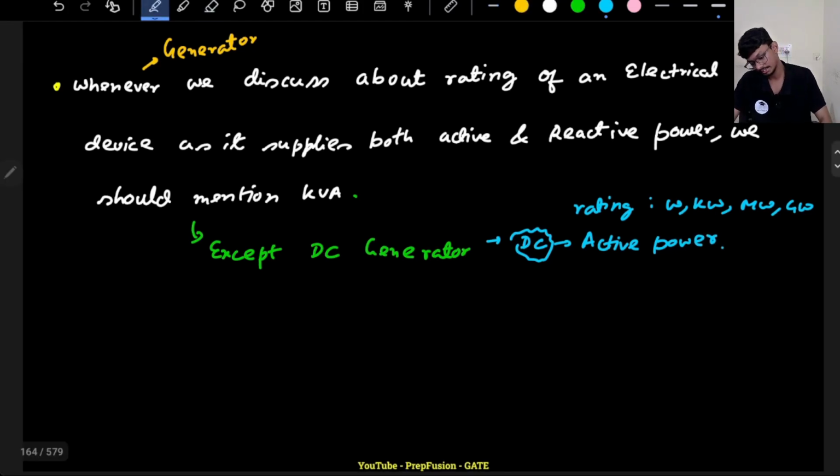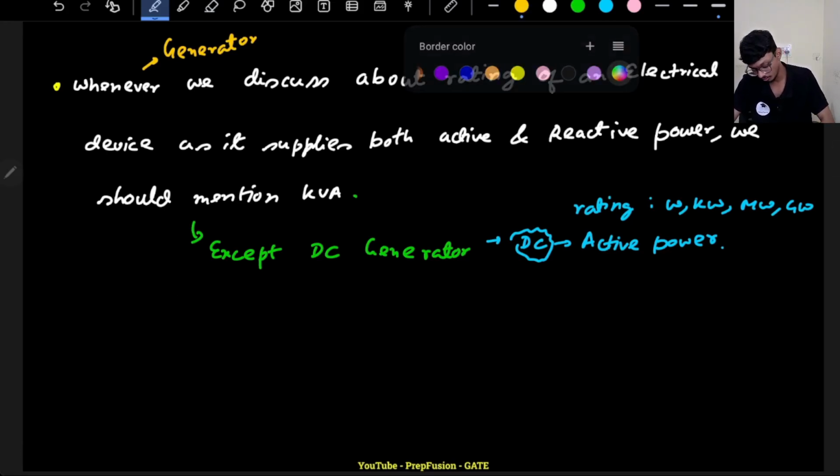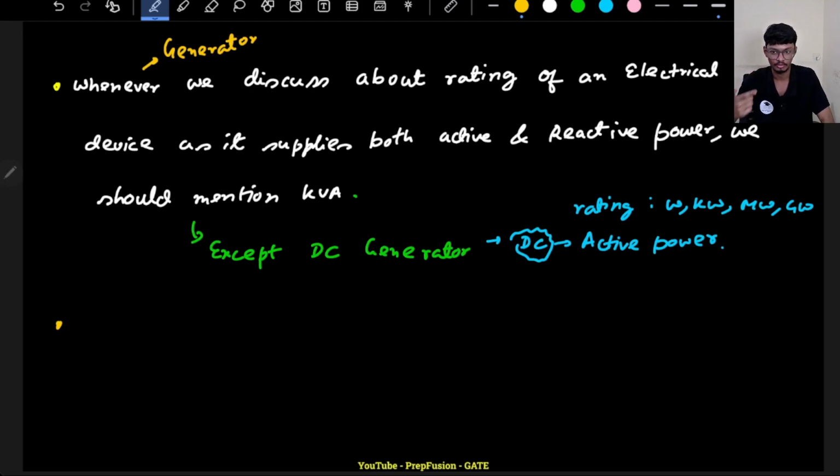Then I have the motor. What is the power output for a motor? The power output is the shaft power. For a motor, in the output, it is always driving a mechanical load. So the user does not care whether he is receiving reactive power or not, because he is just driving a mechanical load.